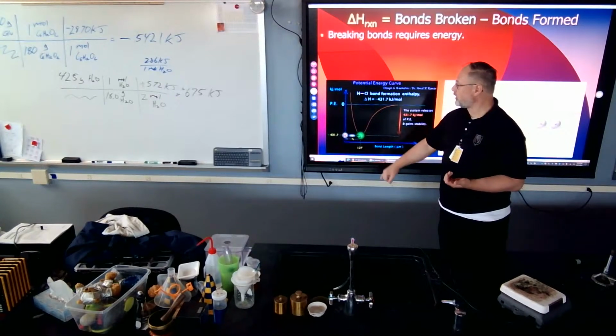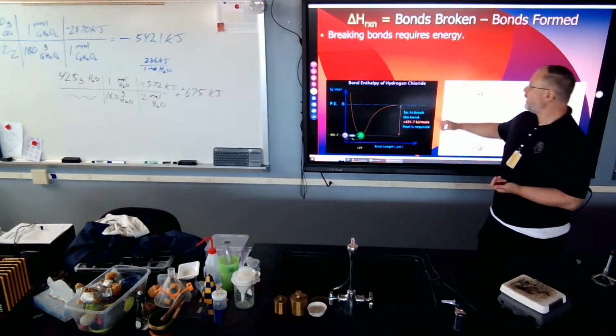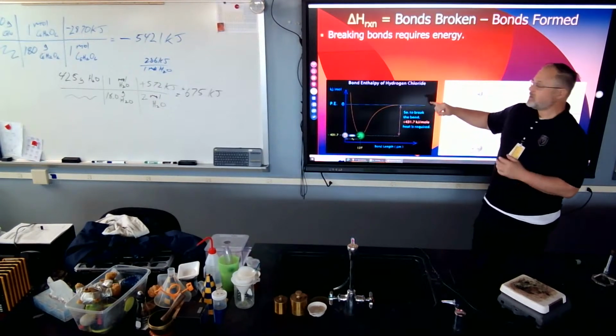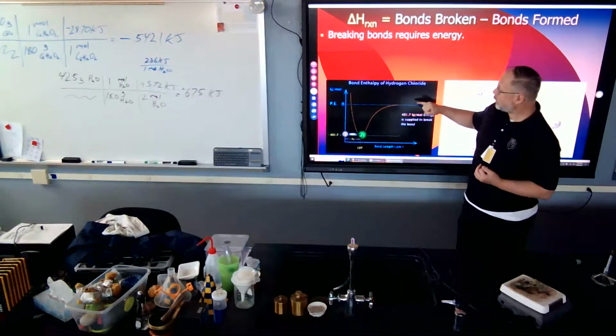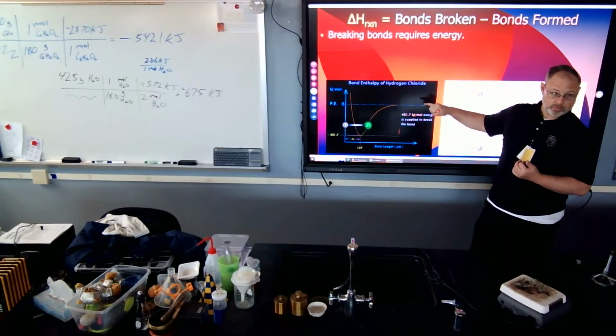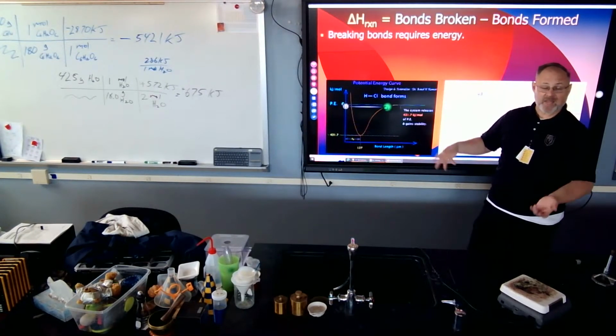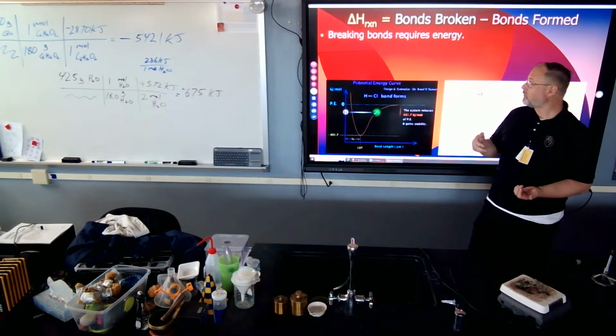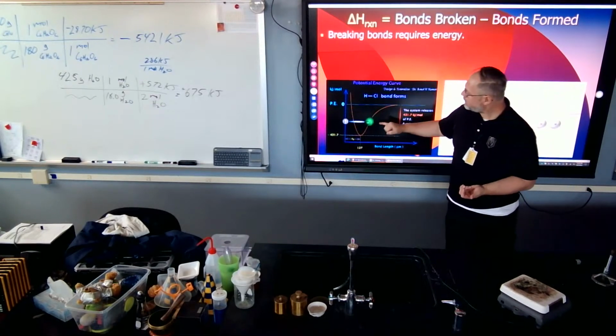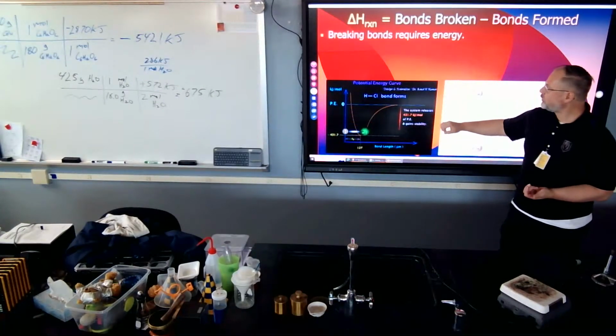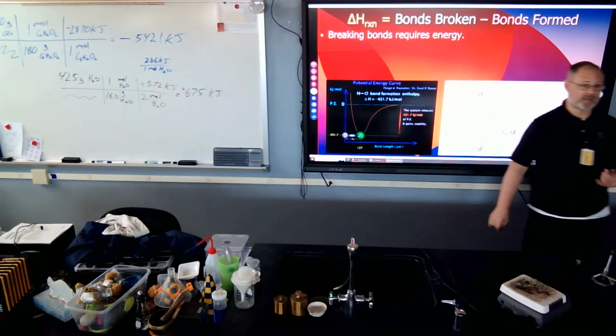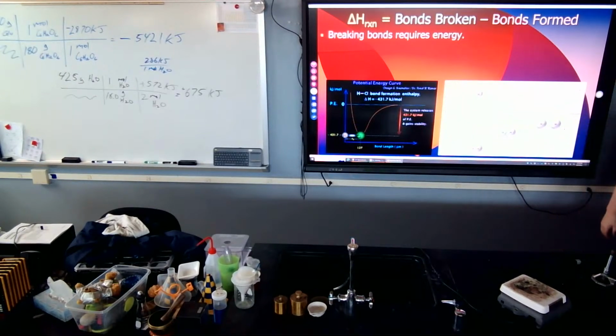So here in this little model, the unbonded hydrogen and chlorine are at 0. That's an unstable, thermodynamically unfavored system. But when they bond together, they get to a low potential energy state, and that's where the universe wants them to be.